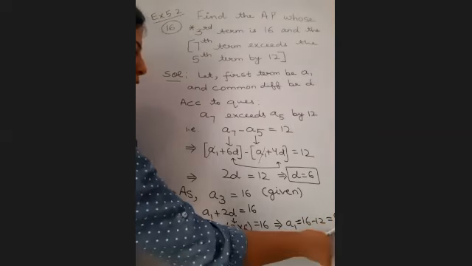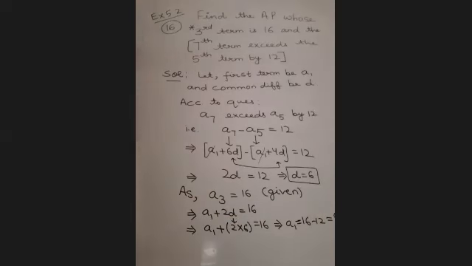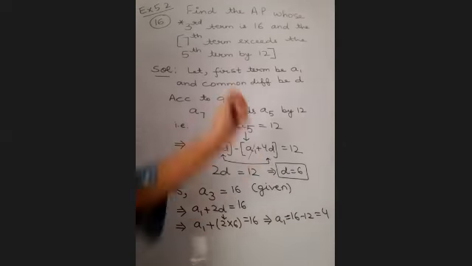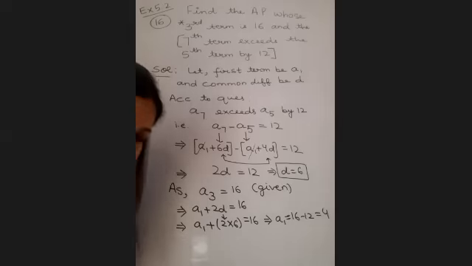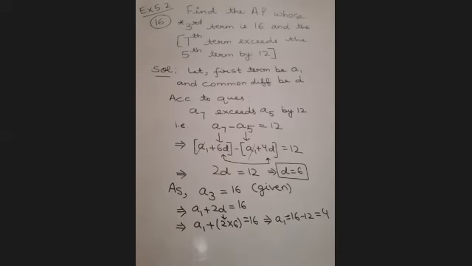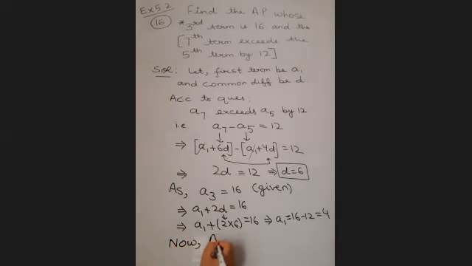So now you have the first term, you have the common difference also. And according to the question, we have to write the AP. AP लिखने के लिए बच्चे, what you should do is, you should write 3 or 4 terms at least, and then you put the dashes. Because the question is not like you find first 3 terms or first 4 terms, but the AP. So now AP is first term as it is, that is 4.